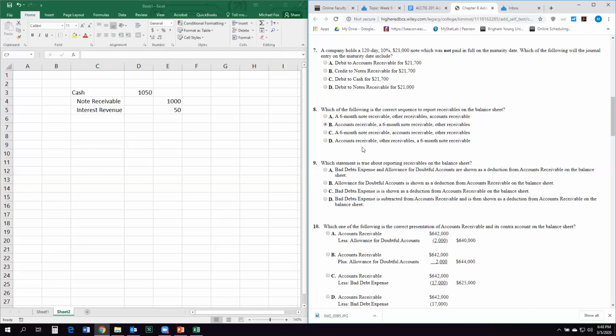I selected the 6 month first, and then accounts receivable second. Yeah, and again, I don't know that it says this anywhere in the book, but if you look at every balance sheet, you'll have cash, then accounts receivable. Accounts receivable is always the first receivable listed, I guess because most people hope to collect it within 30 to 60 days. It's not necessarily how quickly you collect it.